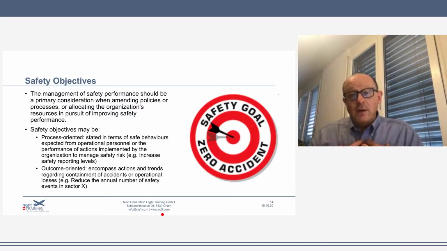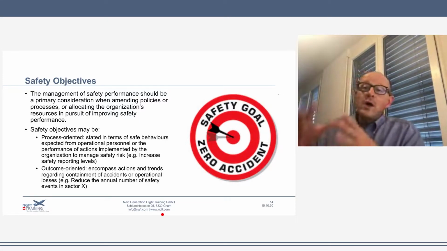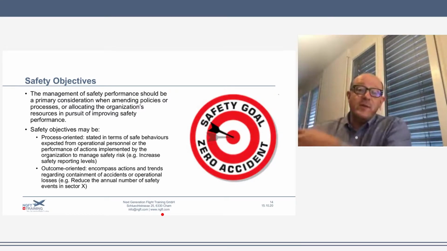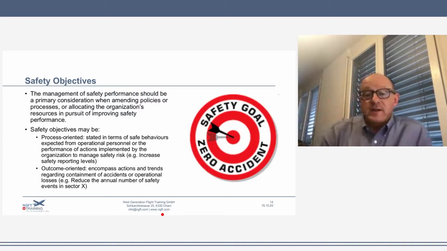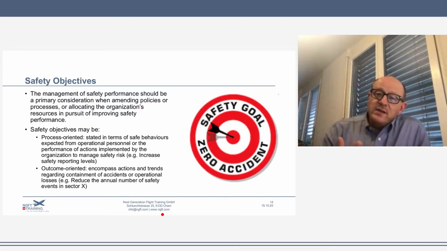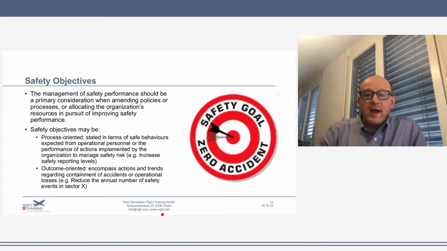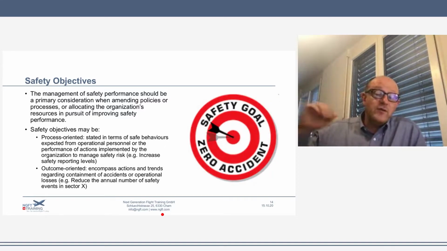So we put that on, and that will allow us to do the processes more safely because we have the protective equipment on. At the same time, we need to make sure that we are able to do that process in our protective equipment. If it's outcome-oriented, then we are looking at a certain target level that we want to achieve.